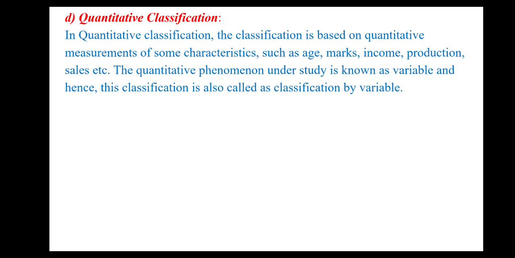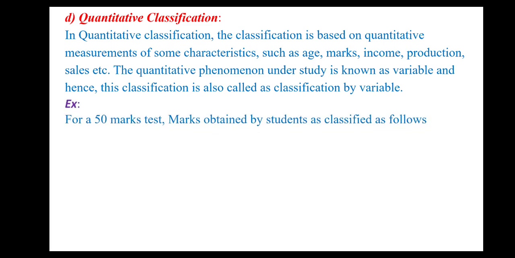Now quantitative. Quantitative means expressed in numbers. We already studied that. In quantitative classification, the classification is based on quantitative measurements of some characteristics such as age, marks, income, production, sales, etc. The quantitative phenomenon under study is known as a variable. Hence, the classification is also called classification by variable.